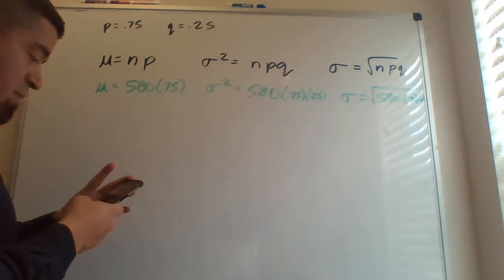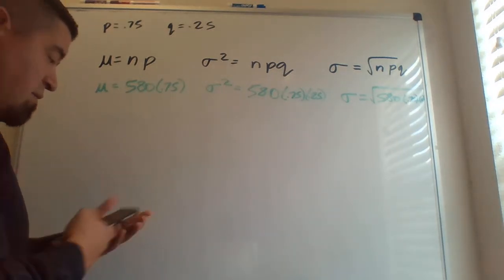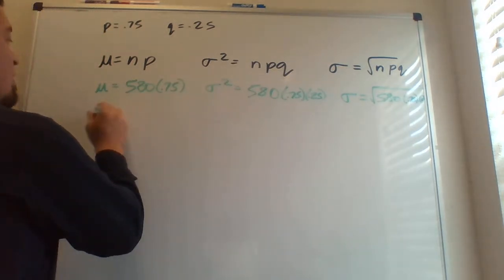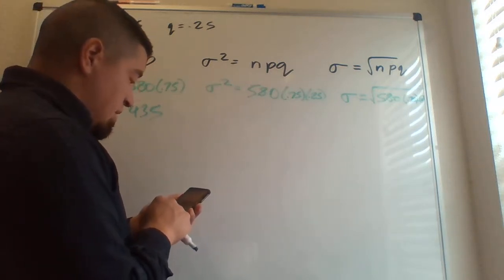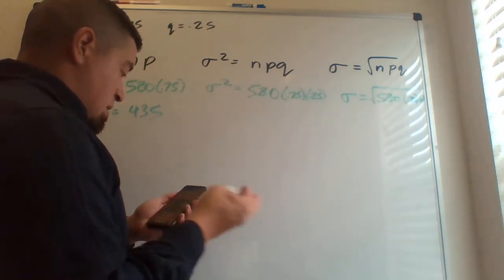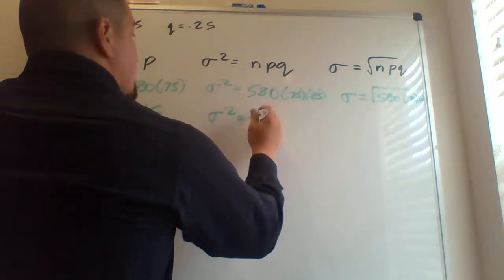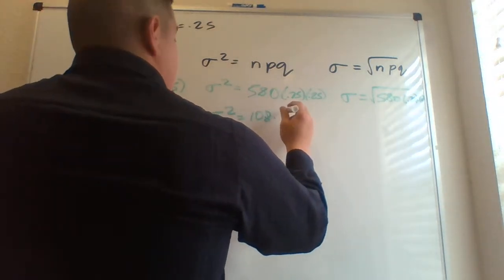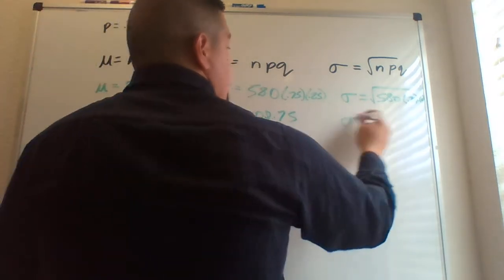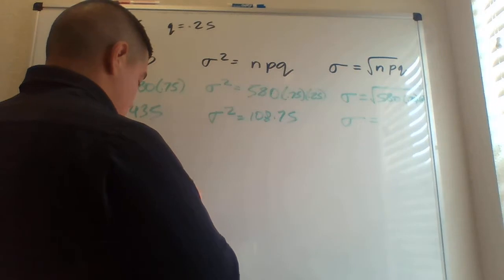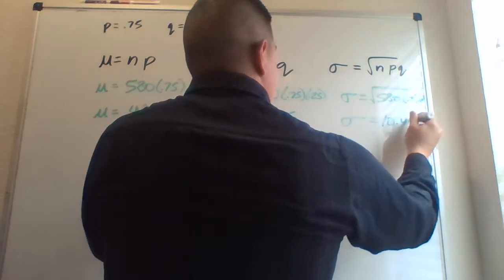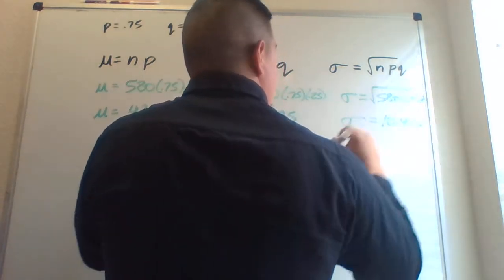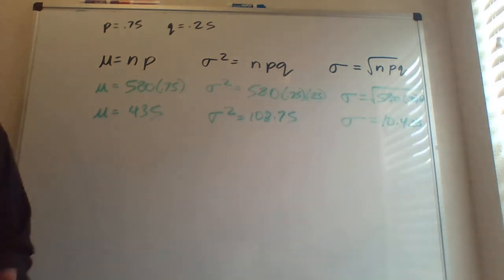So the mean, or the expected value, we would expect 435 green peas. The variance is 108.75, and the square root of that, the standard deviation, would be 10.428. So there they are. That would be A on slide 29.